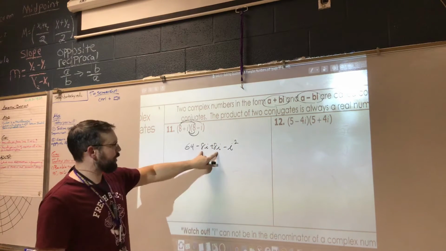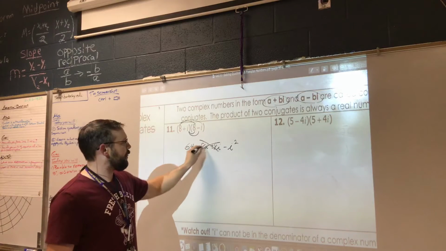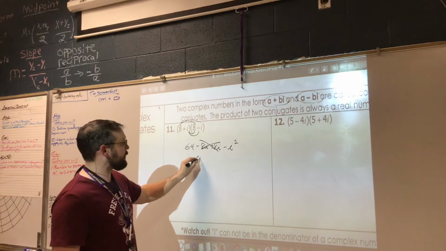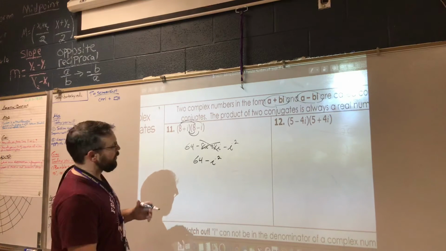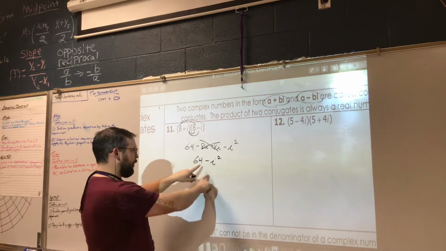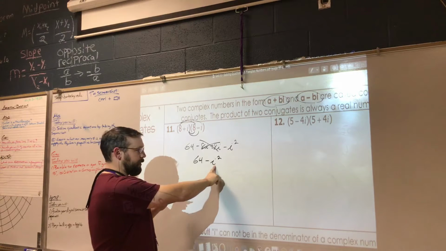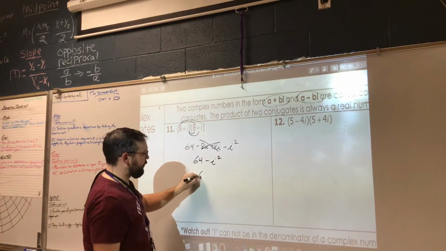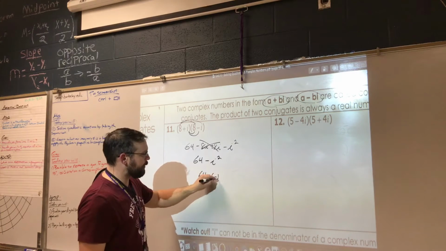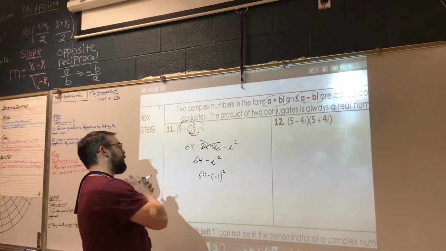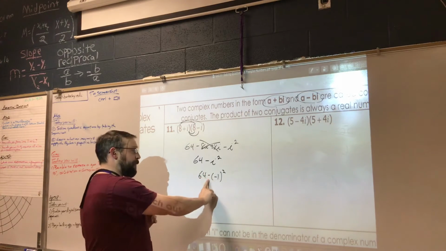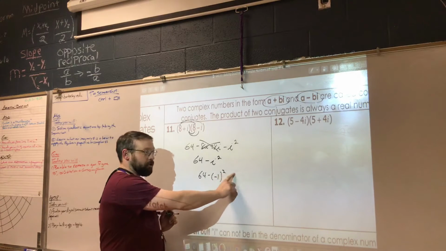You'll notice real quick the middle terms go away, leaving me 64 minus i squared. Look closely here: negative, and then you've got an i squared. I'm going to be very cautious how I write that and put the negative 1 inside parentheses, because I want to remember that I'm saying minus a negative 1 squared.